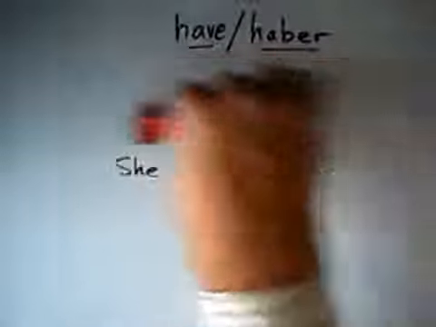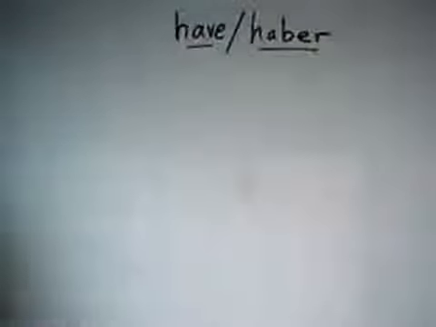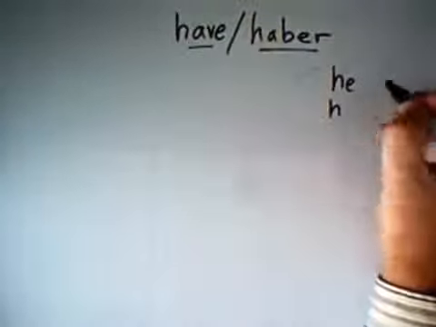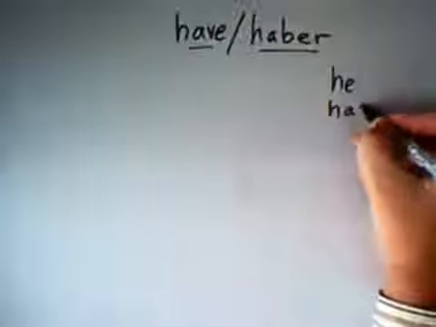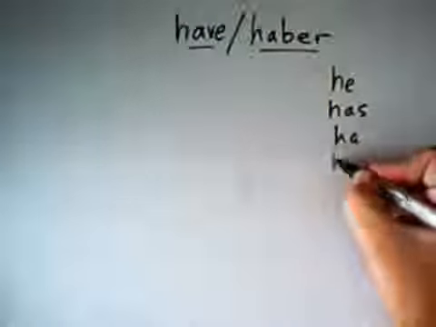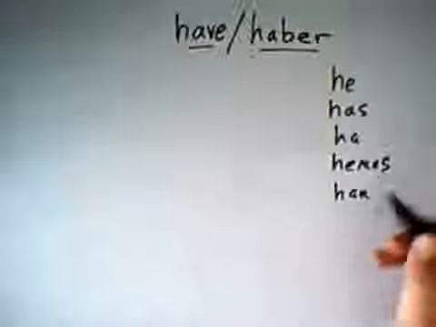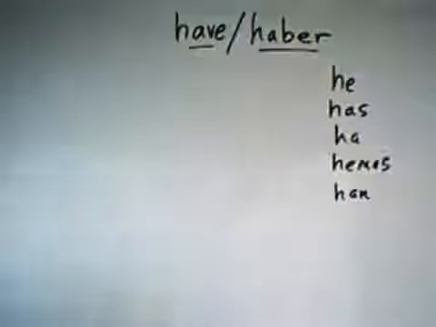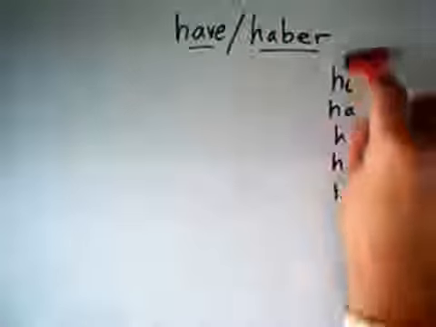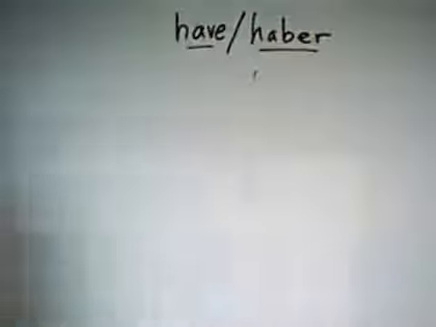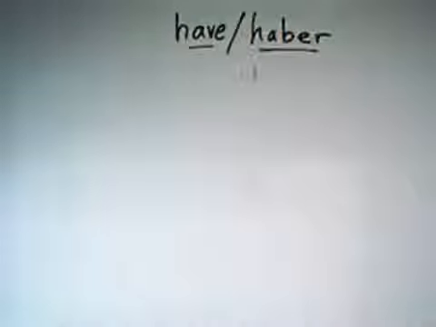Now let's look at the equivalents in Spanish using the verb haber. Remember the combinations for haber are going to look like yo he, tú has, él ha, nosotros hemos, and ellos han. Okay, that's in the present tense, keeping in mind that haber can form compound tenses in several different verb times: the present, the future, the past, the subjunctive, etc. We're just dealing with the present here and maybe one past tense form.